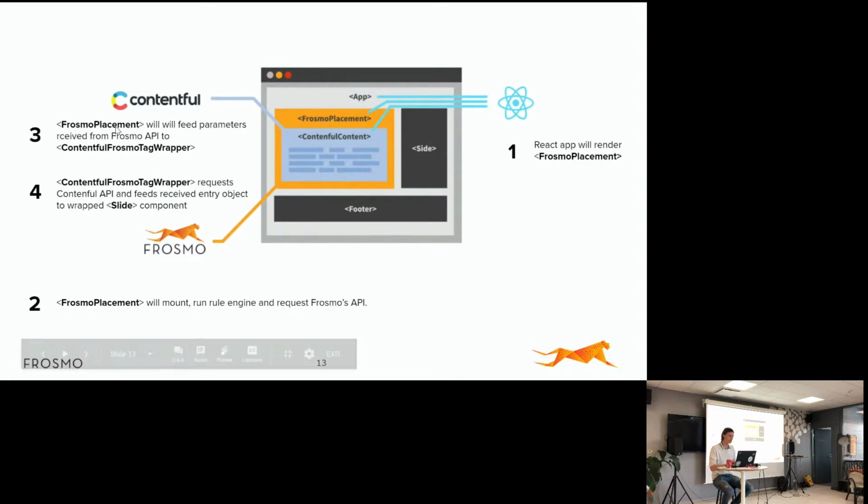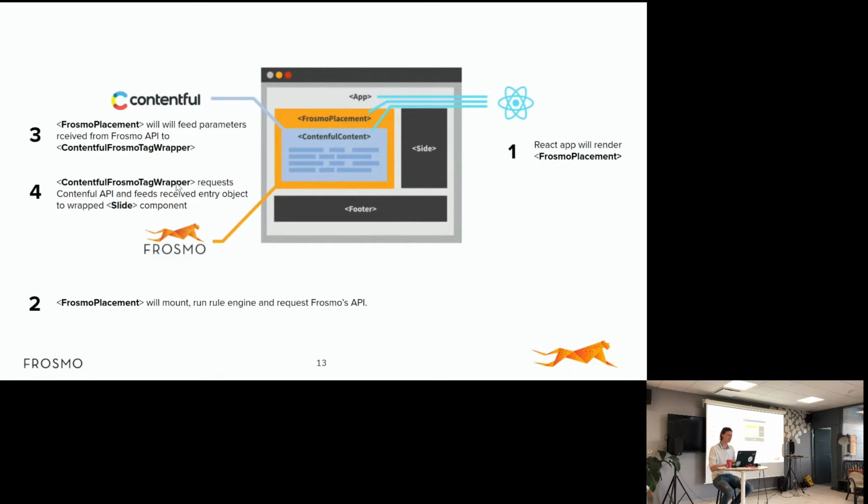In the third place, when we get the response from Frosmo's APIs, this Frosmo placement will feed all the parameters and this kind of like a Frosmo handle object to the wrapped component, which we will call a Frosmo Contentful tag wrapper.